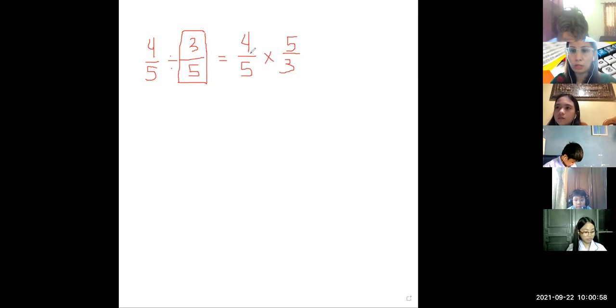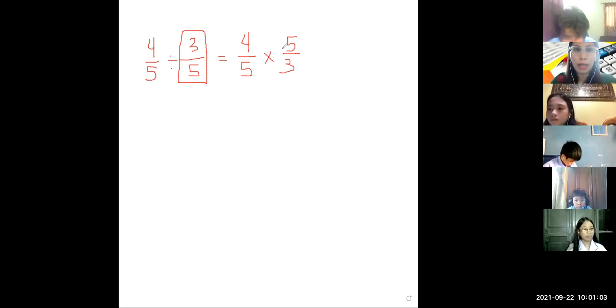So, invert lang natin, class. Ito yung divisor, ang ini-invert. Or nire-reciprocate. Yun yung isa pang term. So, reciprocate muna natin or invert para mag-proceed kayo sa multiplication.